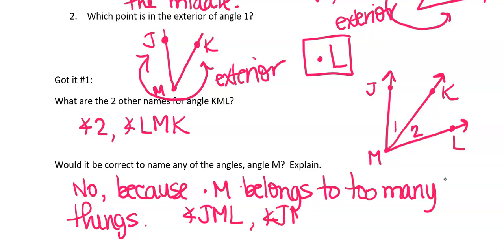Angle JMK would be the angle 1, and angle KML would be the angle 2. And if you named them angle M, you would not know which one of the three you were using. So when you call it a one-letter angle name, it better be the only name that you can use.